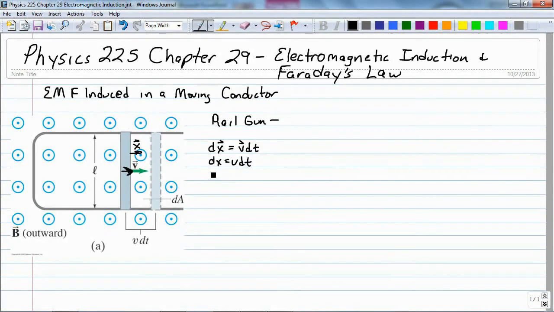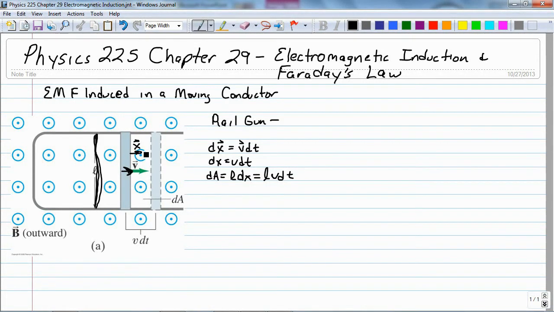And so my differential area is just going to be equal to this length here in between this U section and the rail moving, and that's going to be times dx. And if I substitute my equation, then I'm going to get that the differential area is the length times the velocity times dt.